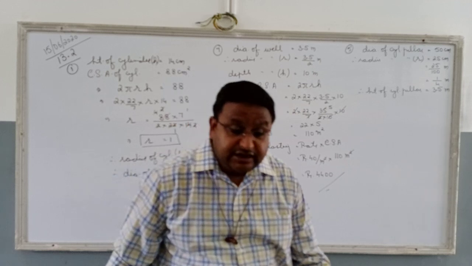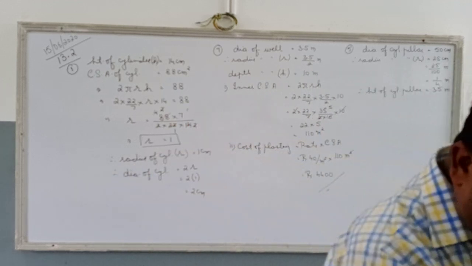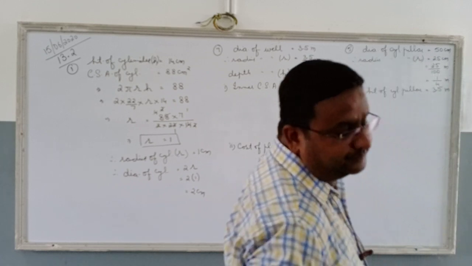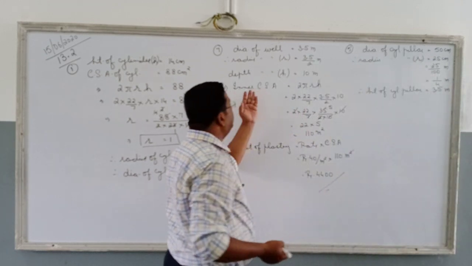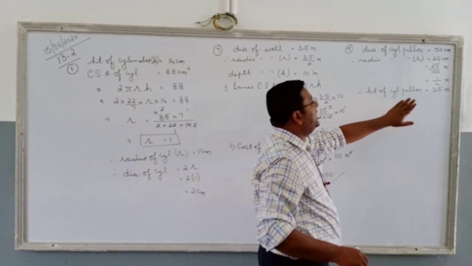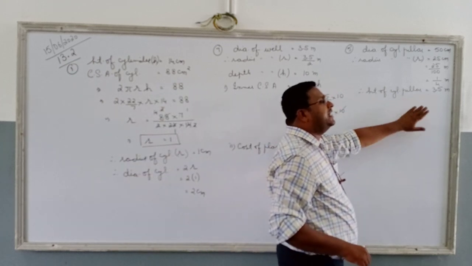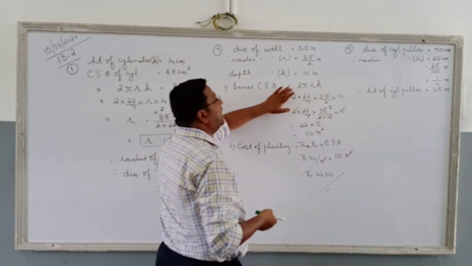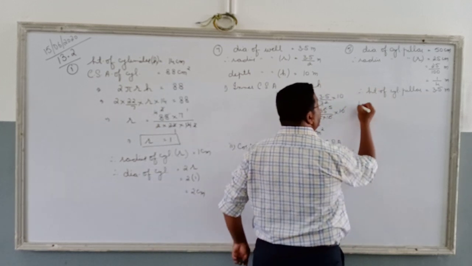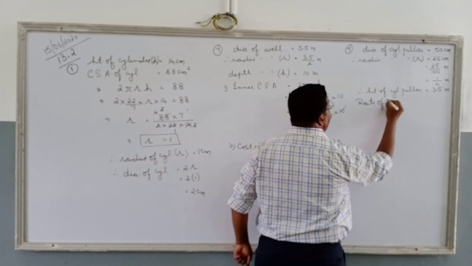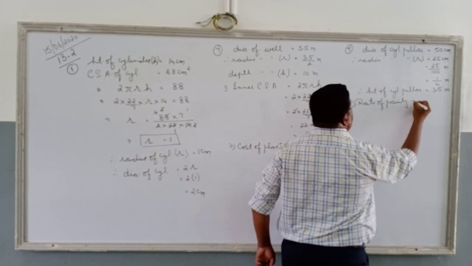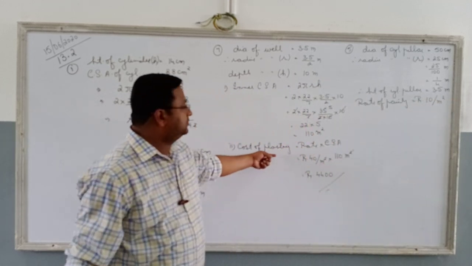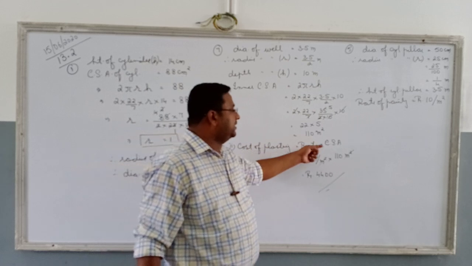See what does he say? Find the cost of painting its curved surface area. Again we have found the inner surface area. Here also it is telling the rate of painting, inner curved surface area or the outer curved surface area. The formula remains the same. What is the rate of painting? Rate of painting is rupees 10 per meter square. So here is the formula. Total cost is equal to rate multiplied by curved surface area.